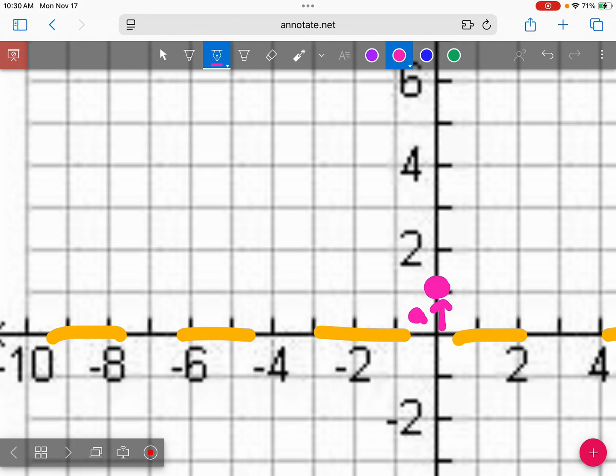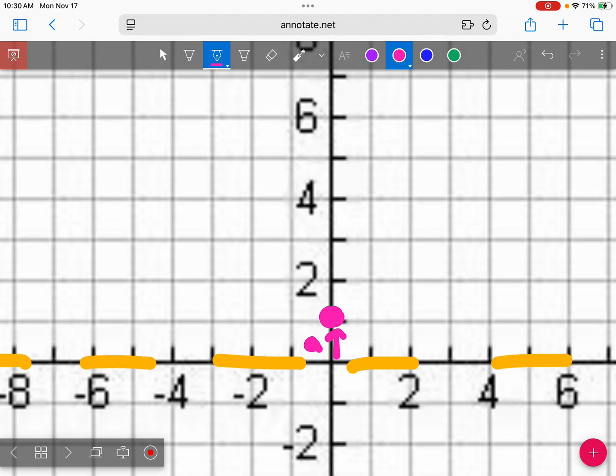Then my next point is going to be A times B from the asymptote. It's 1 to the right, and it's A times B, so 1 times 2.718-ish. This is A times B from my asymptote, is how I'm getting that. I know it's going to approach my asymptote here, and it's going to keep going that way.